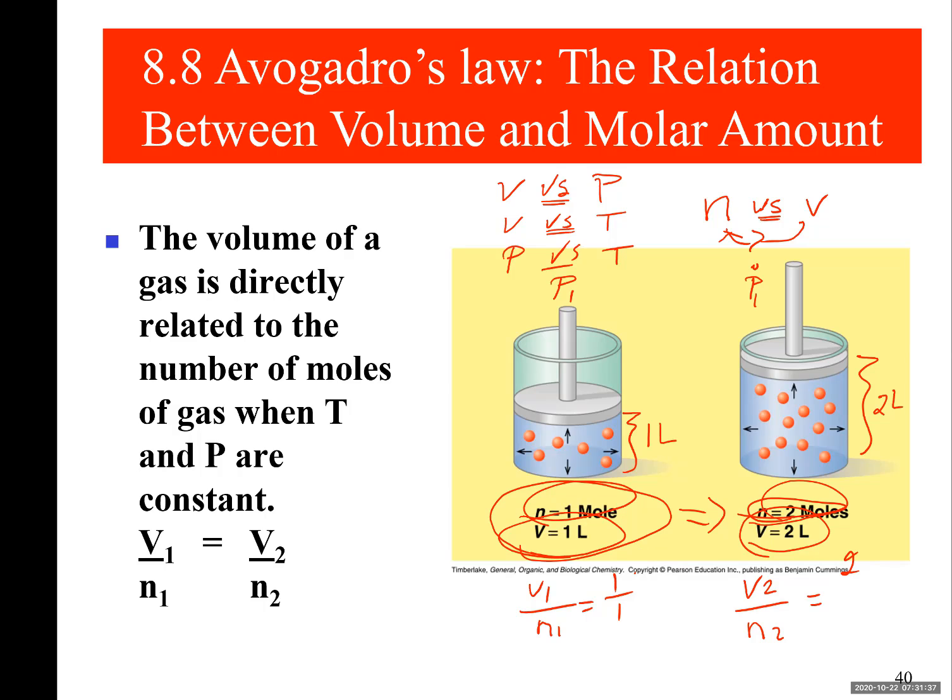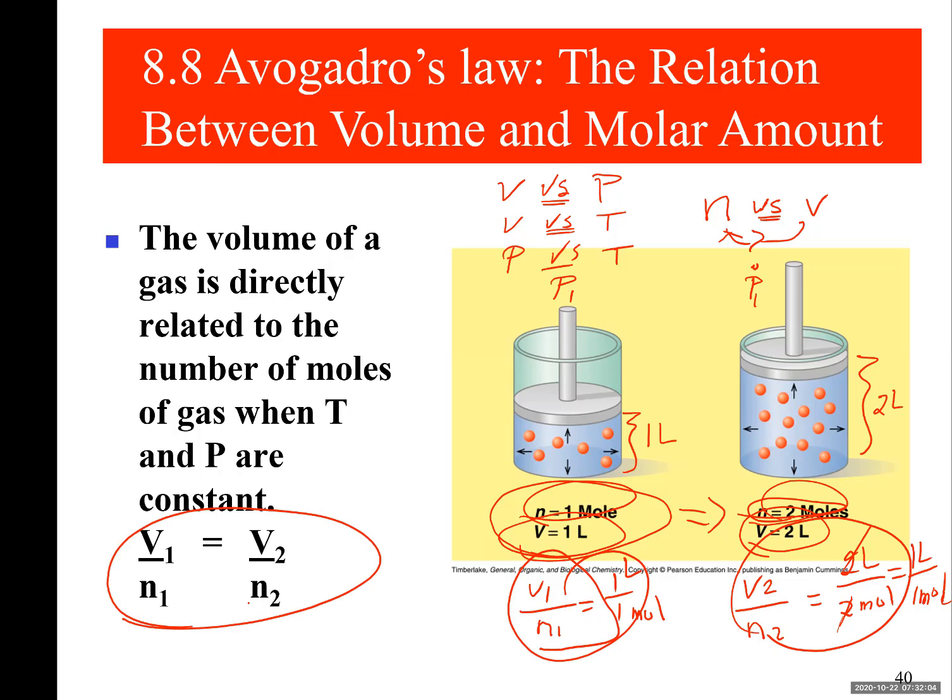I apologize. And V2 over N2 is 2 liter over 2 moles. I can divide both sides by 2, and you're going to get 1 liter over 1 mole. So do you see these two ratios are remaining constant?